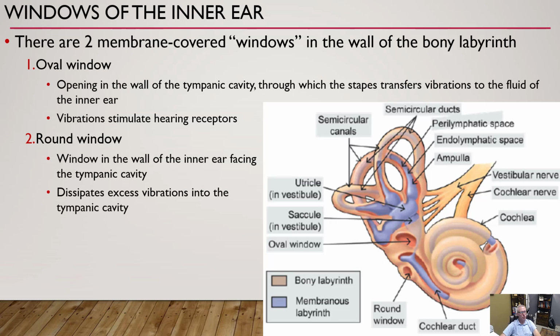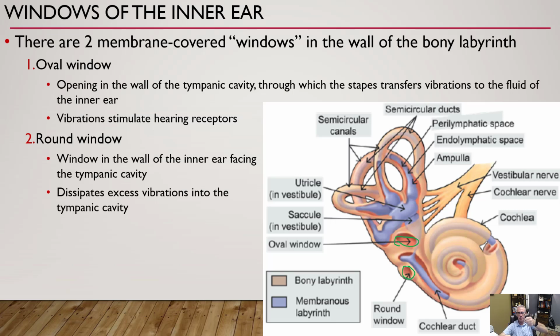All right, so I mentioned that we have that oval window that the stapes is hitting when it's vibrating. Here's the oval window. We also have this structure called the round window.